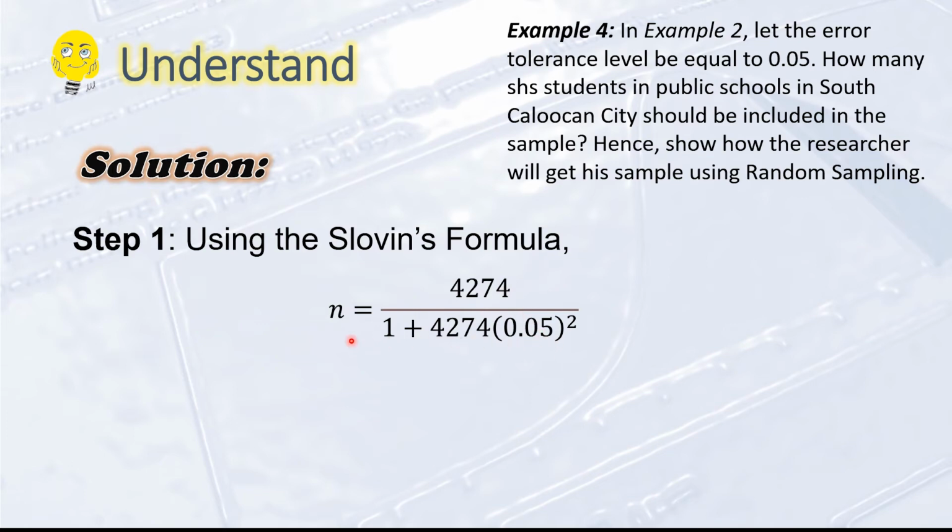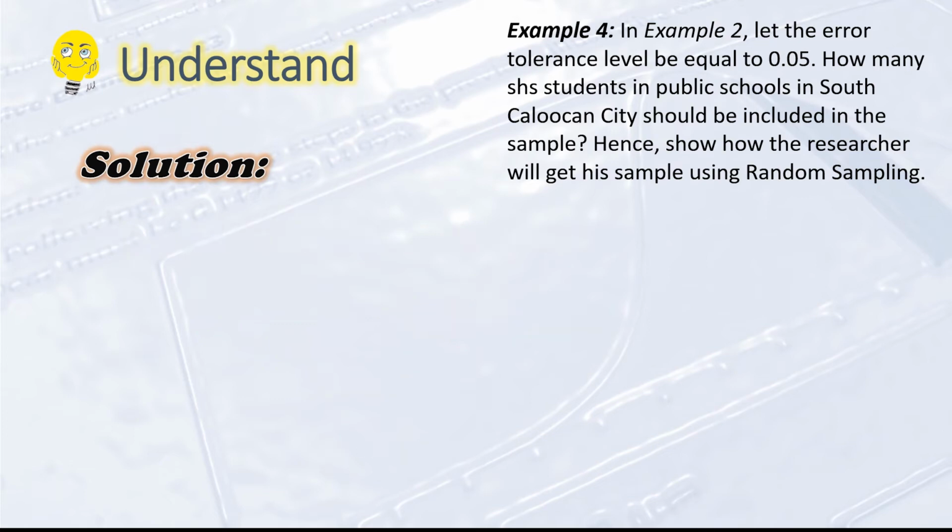Hence, sample size is equal to 4,274 divided by 1 plus 4,274 times 0.05 squared. Using a calculator or a scientific calculator to find the value for n, we have 365.768. Rounding this off to the next whole number, we get 366.